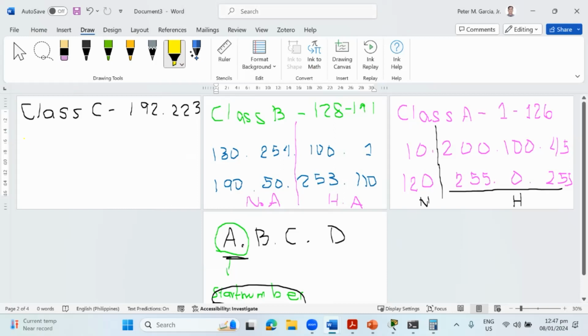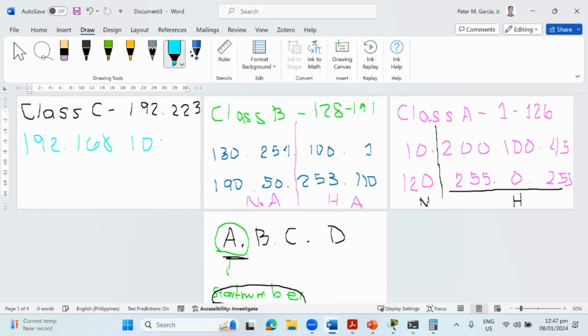For example, makikita, 192.168.10.253. Ayan. Another example, 200.10.127.128. Ayan.